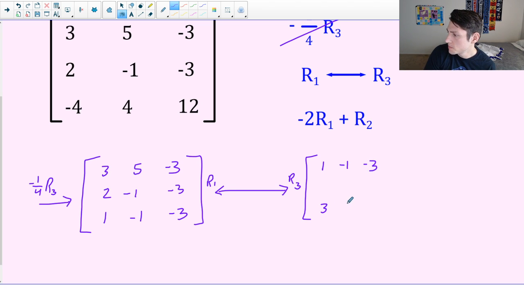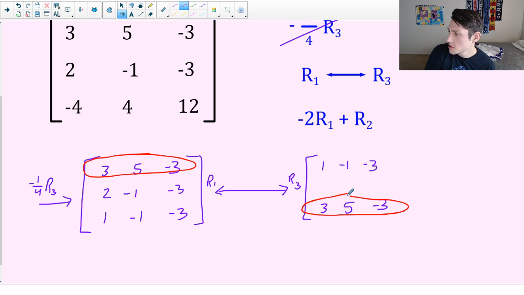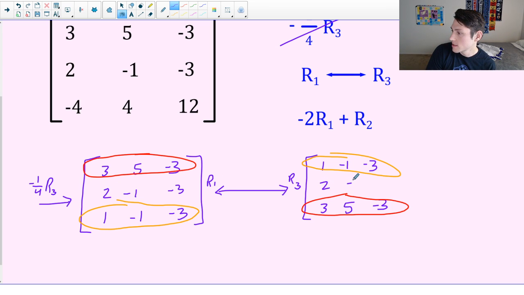Row 3 is now 3, 5, -3. We can see this stuff is the same, it's just down here, and this stuff is still the same, just now up here. And row 2, 2, -1, -3, stays exactly the same. No trickery there.